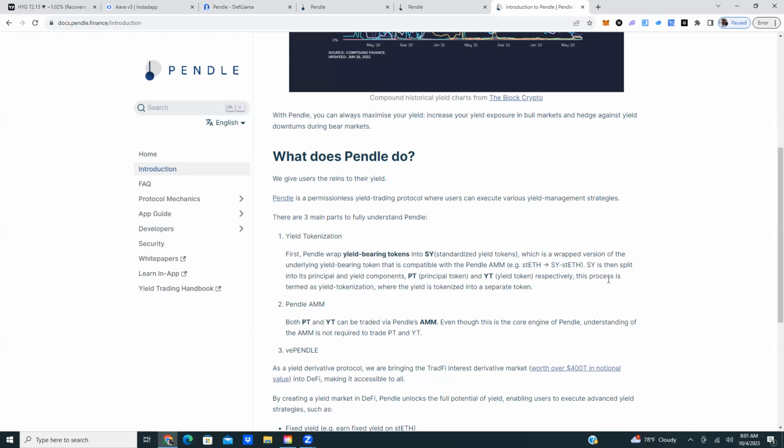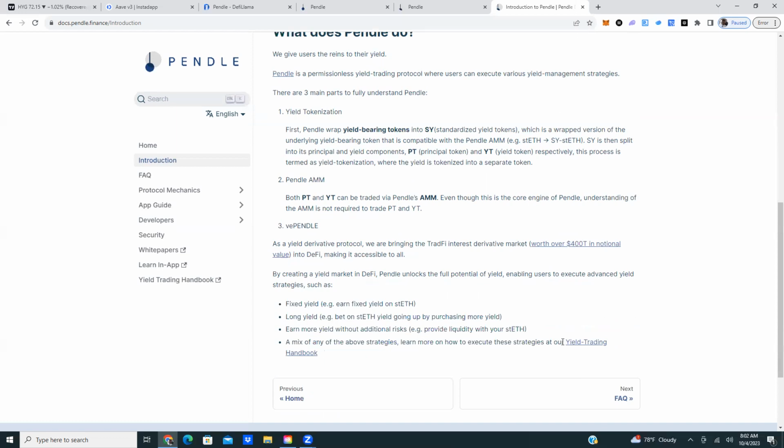That's very interesting. So they're taking the yield that you're receiving, tokenizing it, and then issuing you a separate token that is still the equivalent of the original token of the platform. That makes a lot of sense. I like this. I like this a lot.